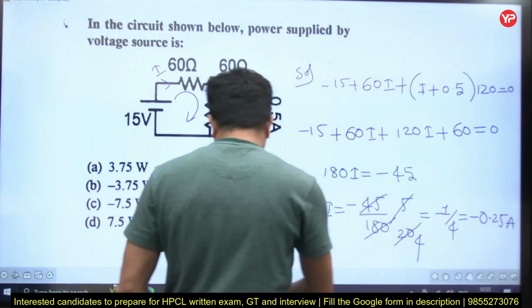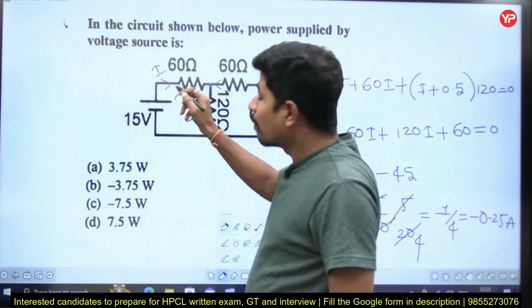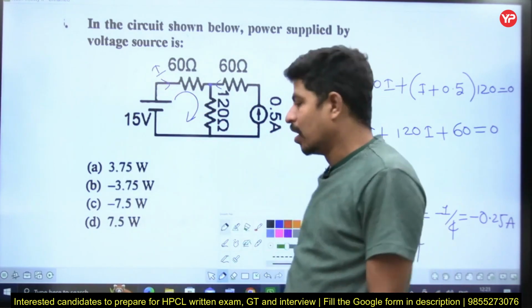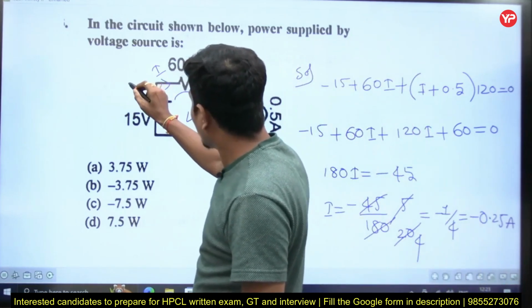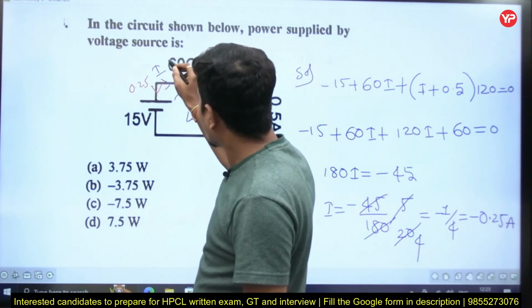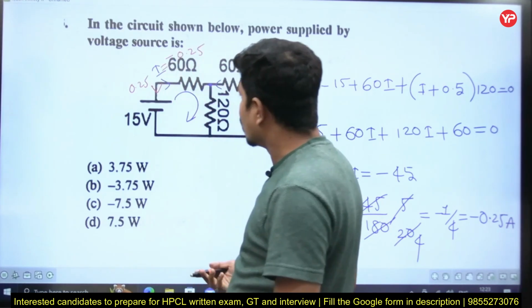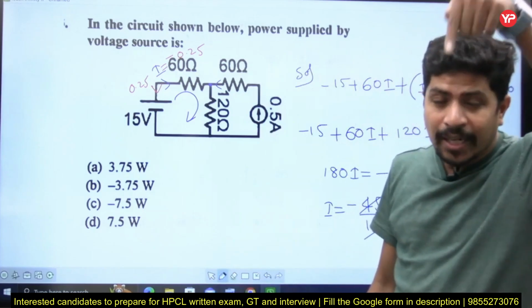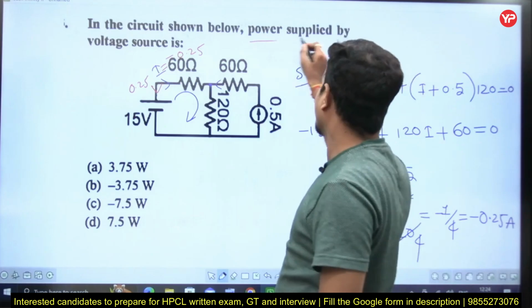What does it mean by minus? I assumed the direction of current this way, but actually the current of 0.25 amperes is flowing this way. So I can write 0.25 this way, or I can write I is equal to minus of 0.25, both are same. So here current is entering into the positive terminal. The question is power supplied.